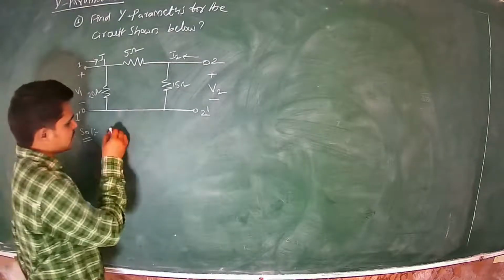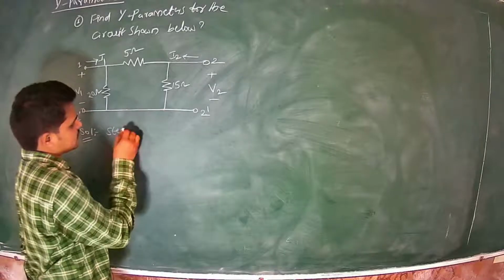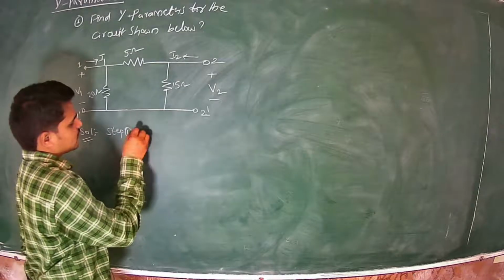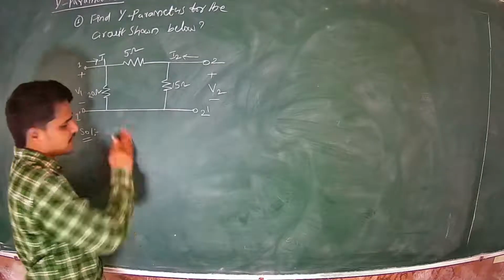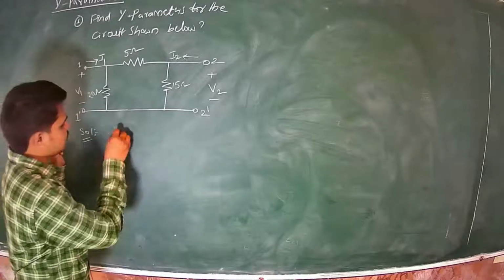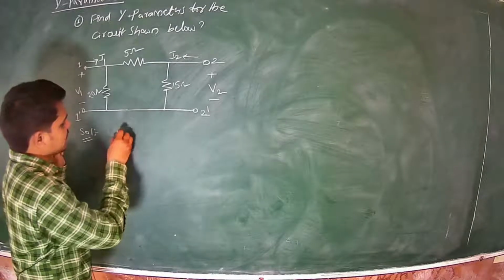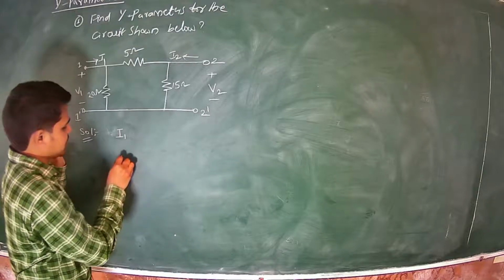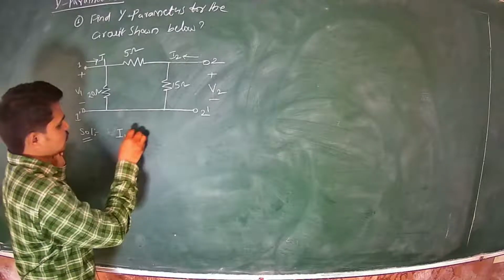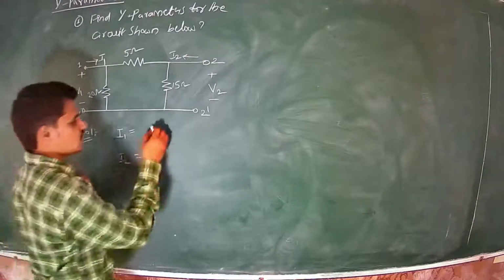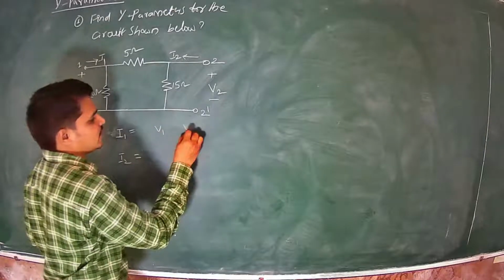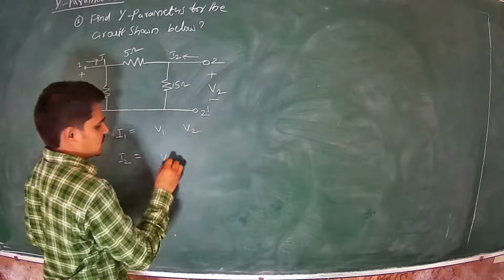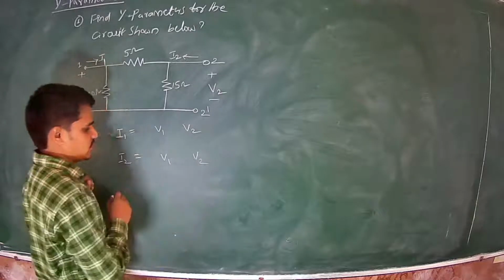Okay, Y parameters. Let us start our solution. First, how to write the Y parameters? We write I1, I2. These currents are functions of voltage V1 and voltage V2.